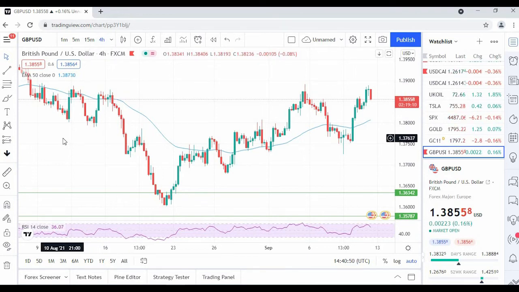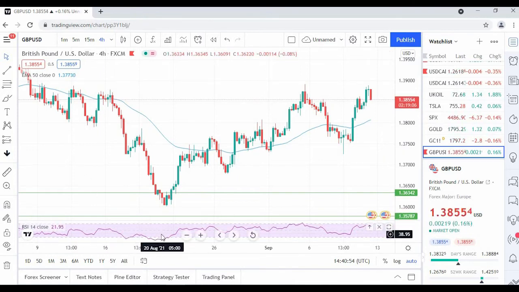Trend trading is the market moving in a particular direction, creating a series of higher highs and higher lows, or lower highs and lower lows. That is regarded as a trend.